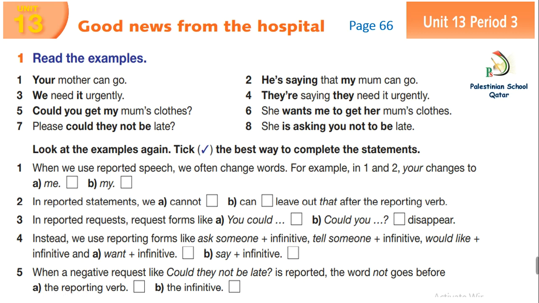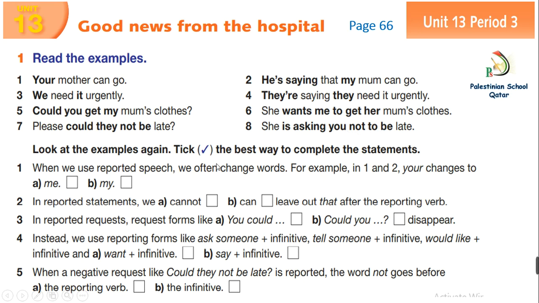She wants me to get her mom's clothes. Number 7, please: "Could they not be late?" She is asking you not to be late. So when we have a negative in the sentence, we put the negative before to, before the infinitive. She is asking you not to be late.